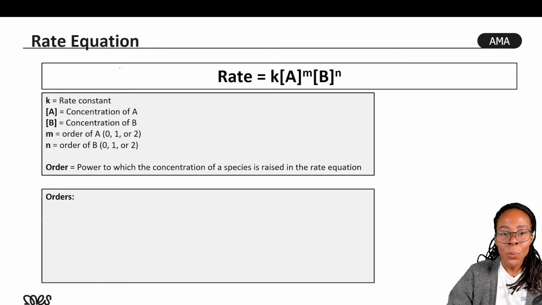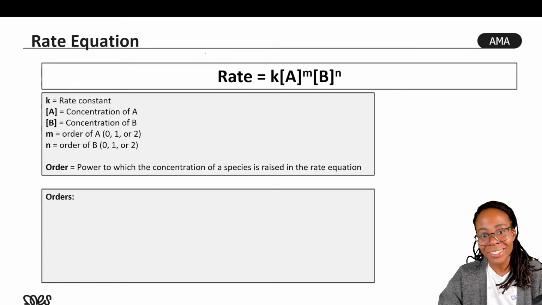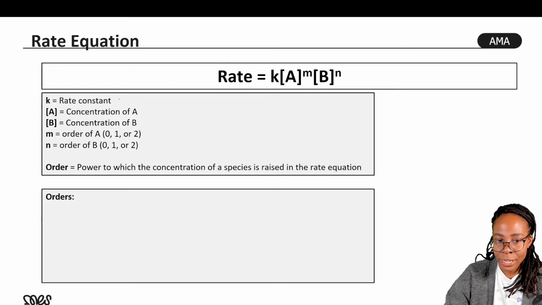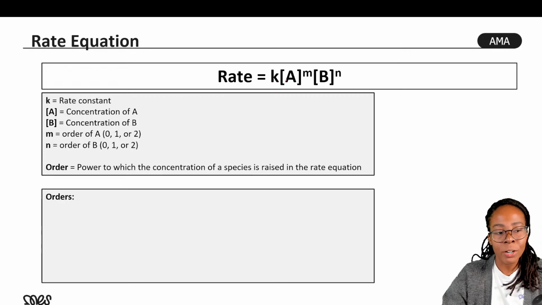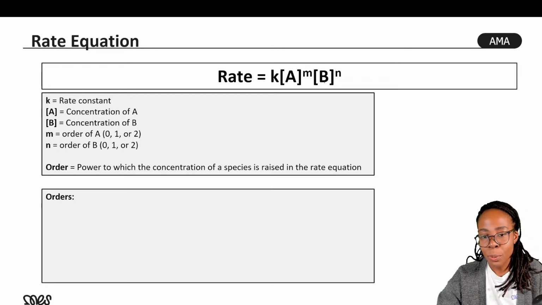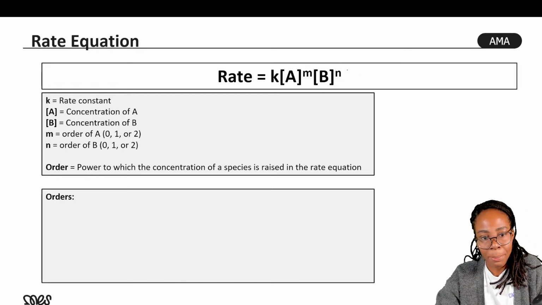When it comes to the rate equation, the general form is rate is equal to k, which is our rate constant, multiplied by the concentration of one of our reactants or catalysts raised to its power, and then multiplied by the concentration of another reactant or catalyst raised to its power.